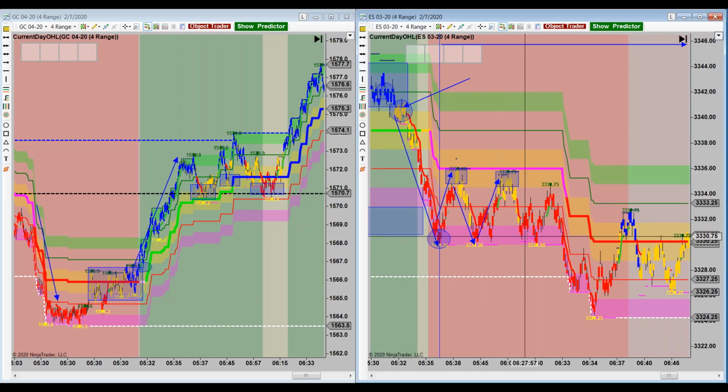Not only do you get the scalp down to here, scalp one, scalp two, and you get another chance to get in here. This is a minimum criteria trade. So if you called that as a short trade, that would count. But if you were counting mid-band trades, it would not.